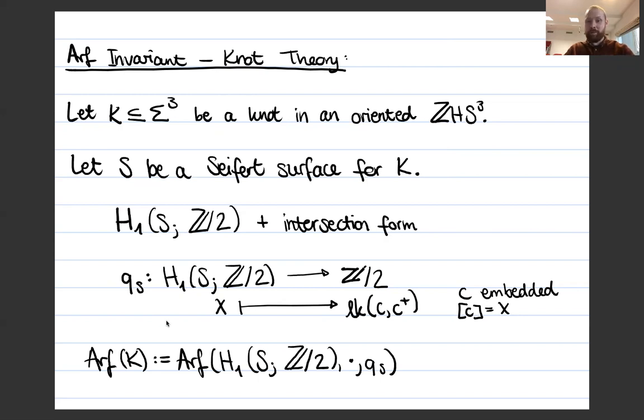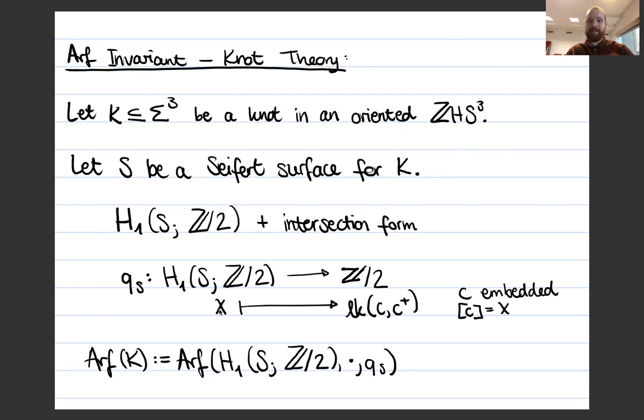Our bilinear form is the intersection form on S, which, since we have a knot and not a link, is indeed non-degenerate. Then our quadratic enhancement Q takes an element of homology, realizes it as an embedded circle on the Seifert surface, and computes the linking number of that circle with a positive push-off of that circle, or negative, because you're just taking it mod 2 here.